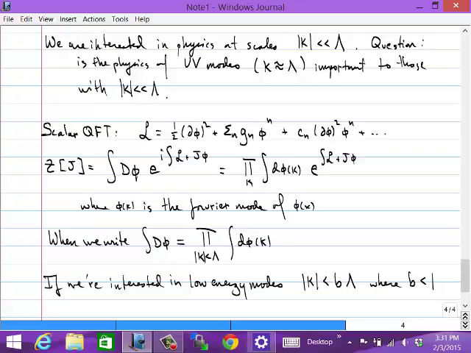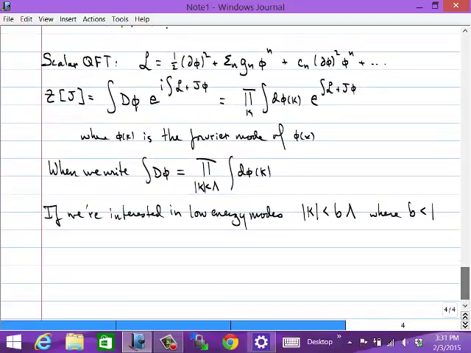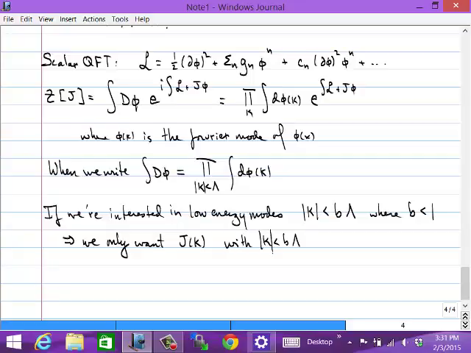In principle, we're hoping that it's much less than 1, so that the physics of this UV cutoff is not going to become important. Then that means we really don't care about modes with k bigger than b lambda. And so we only want to compute z of j in momentum space for those modes j of k with k less than b lambda. We only want to compute the correlation functions, say, of our field operator at very long wavelength.